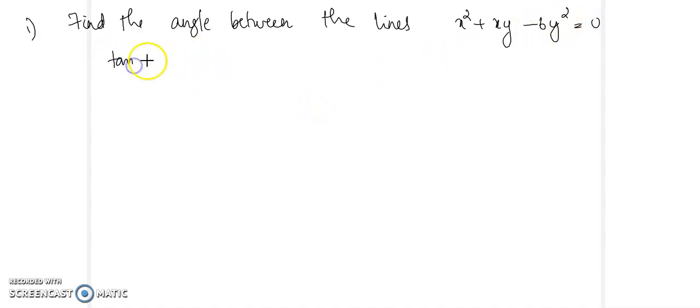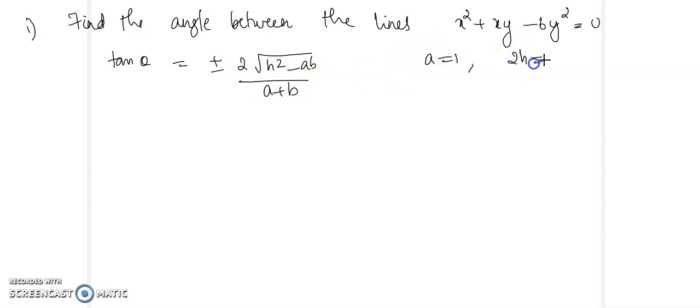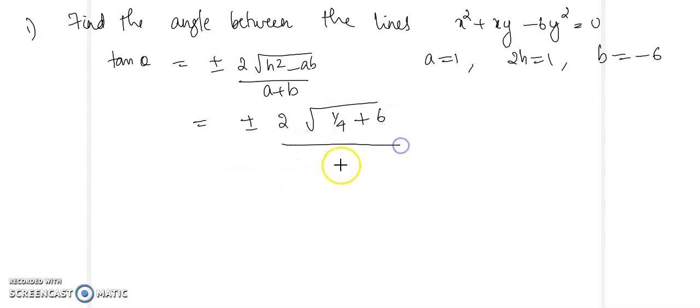So we have tan theta equal to plus or minus 2 root of h square minus ab by a plus b. So here a is equal to 1, 2h is equal to 1 and b is equal to minus 6. So we'll get plus or minus 2 root of, h will be 1 by 2, so 1 by 4 minus ab, so we'll get plus 6, by a plus b which is minus 5.